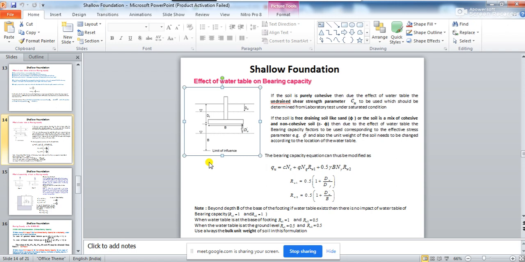Location of the water table means this triangular symbol. Sometimes it will be said in the question that the water table is at a depth below the ground level. Sometimes it will be said that the water table is above the base of the footing. From that you should exactly infer the value of dW and the value of dW dash.